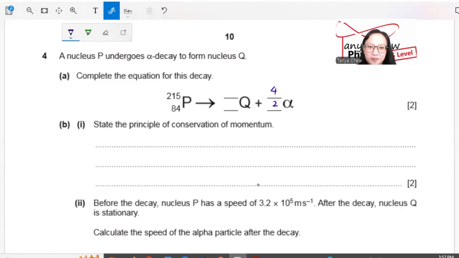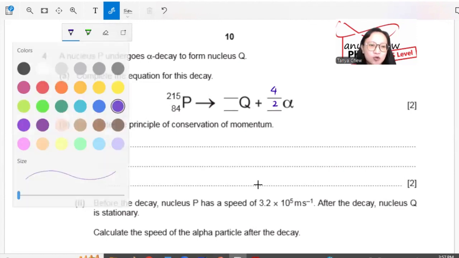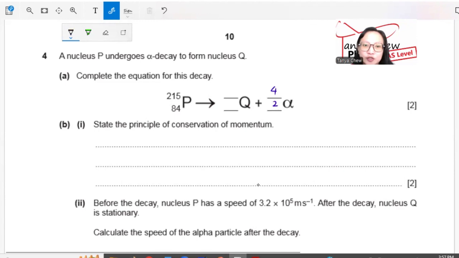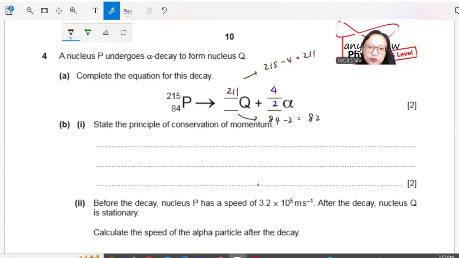So for nucleon number, 215 is equal to something plus 4. So to find the nucleon number of Q, you just take 215 minus 4. That gives you 211. And here, proton number of Q, you just take 84 minus 2, that gives you 82. So just sub in here, 82.